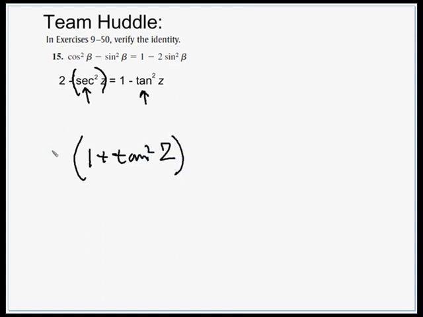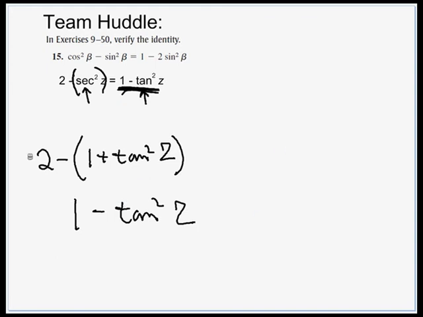And out front here, we still have our 2 minus. Well, 2 minus 1 is 1, and then we have our plus. Well, excuse me, we distribute that negative, and that would be minus tan squared z. Just like what we were trying to get to.